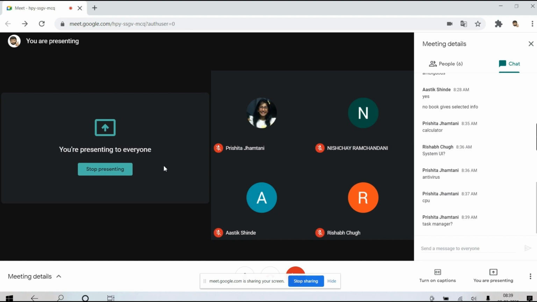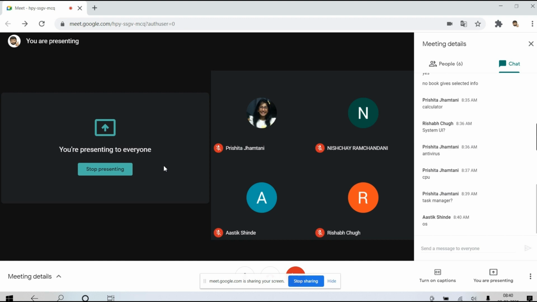First, tell me, once you start your computer, which is the first program which will start, and after that, our work starts? Any guesses?